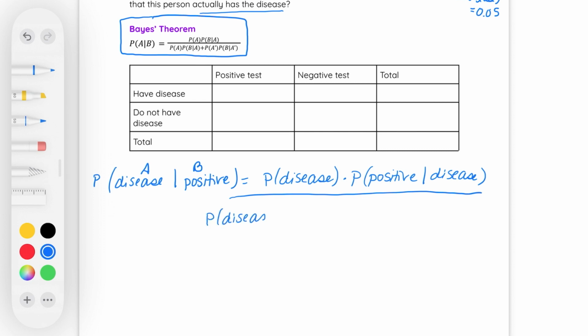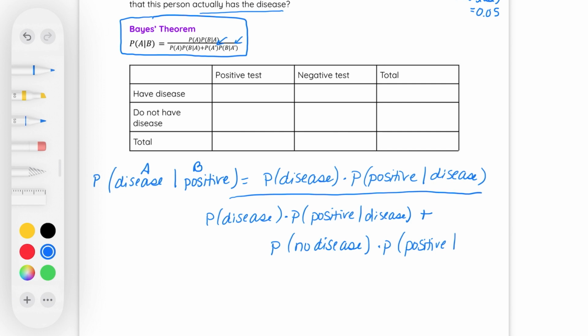So the probability of having the disease times the probability of testing positive given that we have the disease, plus, now notice it has the not A in both here. So that's going to be the probability of not having the disease times the probability of testing positive given that we have no disease.